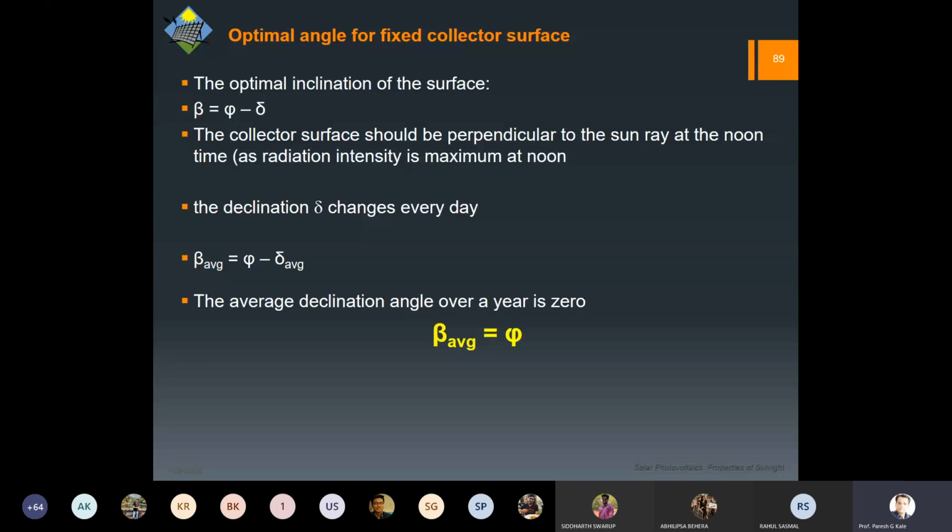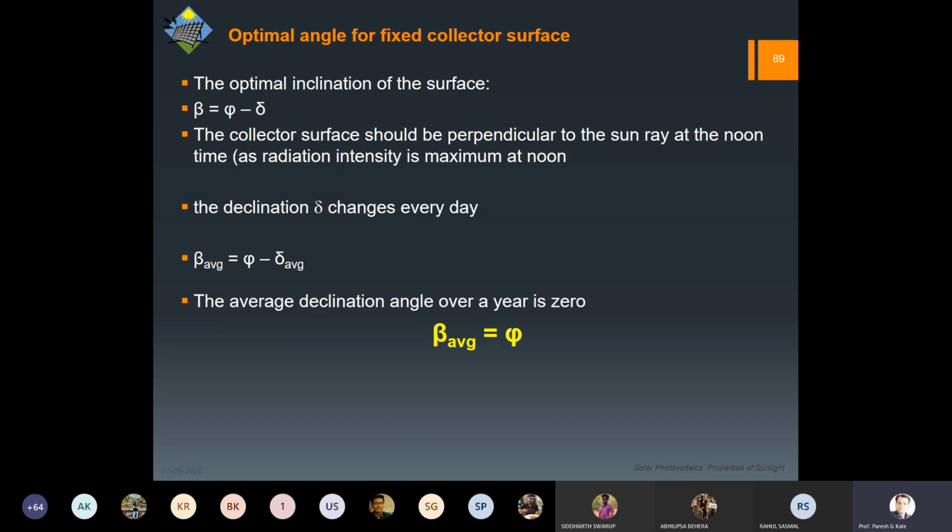Now, what is the problem over here? Of course, we require some space for infrastructure, right? We talked about the land cost itself being a part of this, and it is going to affect. Now the problem is, suppose this beta is higher, then obviously the length of the shadow will be much higher. You do not wish the shadow to cast on some other panel.